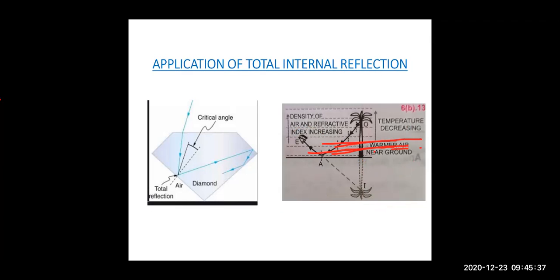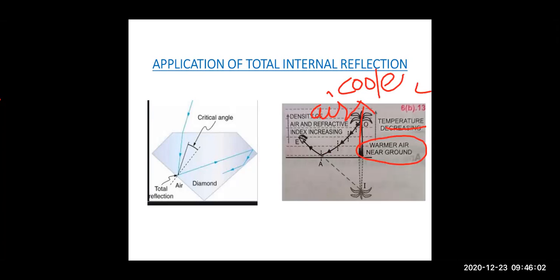So as the air gets heated, here you are going to have a layer of warm air. But as you go to a higher altitude, the temperature decreases. So the air which is present at the top layers is comparatively cooler air.